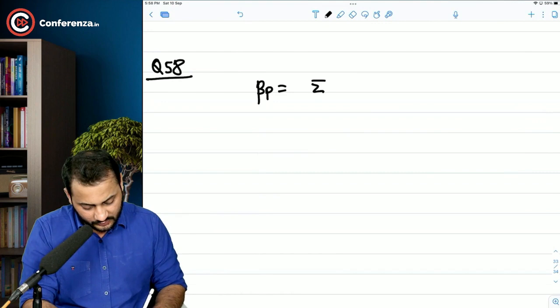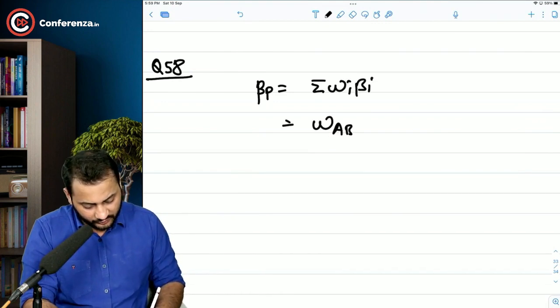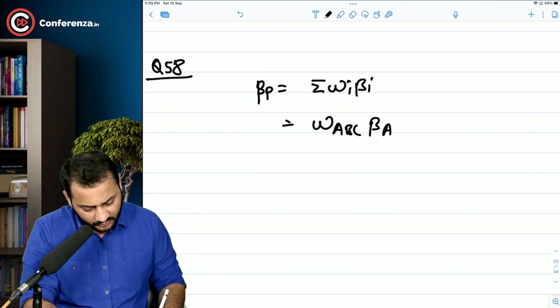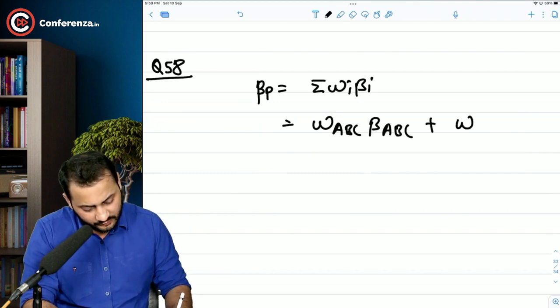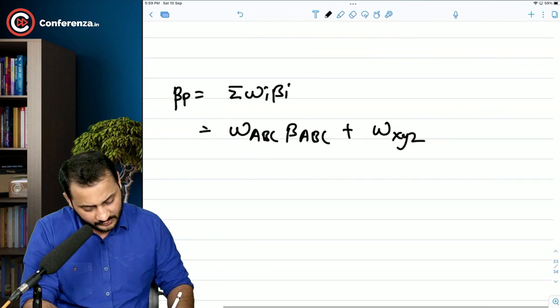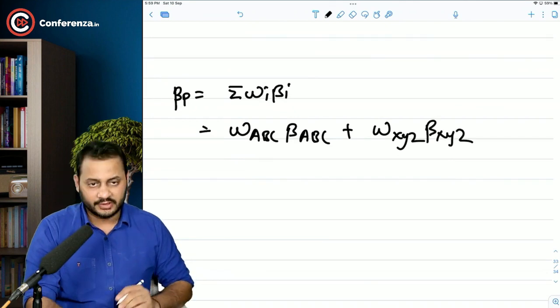Portfolio beta is equal to summation of weight i into beta i. That means weight of ABC into beta of ABC plus weight of XYZ into beta of XYZ.